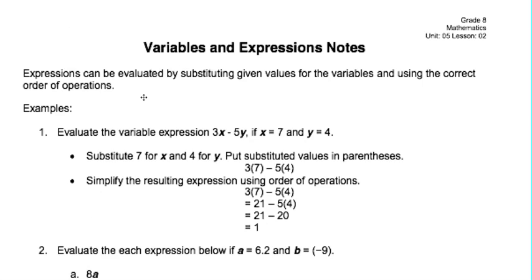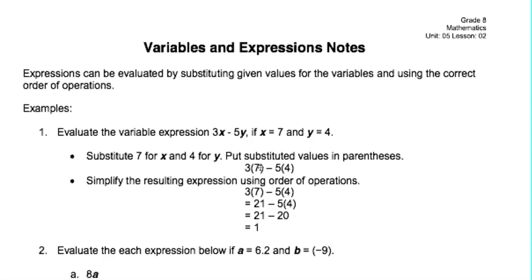To evaluate these expressions, what we have to do is substitute the values that they give us. Like in this example, x is 7. We can just plug those in or substitute those in to find the values. So we'll substitute those in, 7 in for x and 5 for y. And then we will use the operations they're telling us to. In this situation, it's 3 times x minus 5 times y.